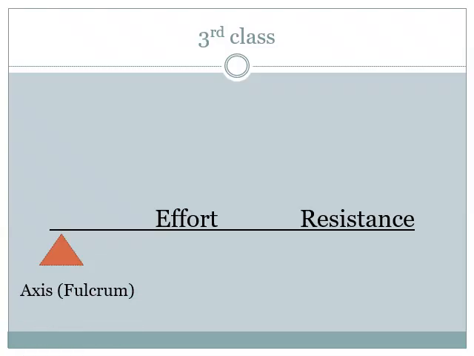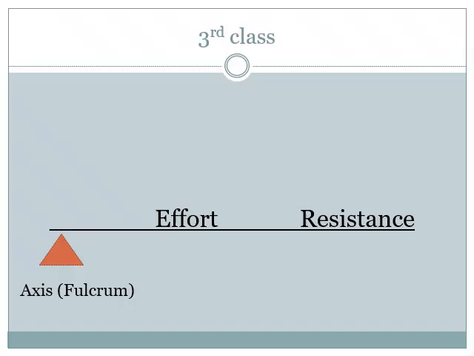So to review quick, we went through our first, second, and third class levers. In the first class lever, the effort arm and the resistance arm operate on opposite sides of the fulcrum. In both the second and third class lever, the effort and resistance arm operate on the same side. In the case of a second class lever, the mechanical advantage is always greater than 1.